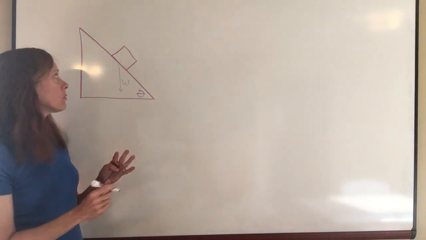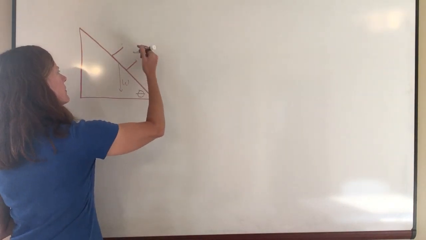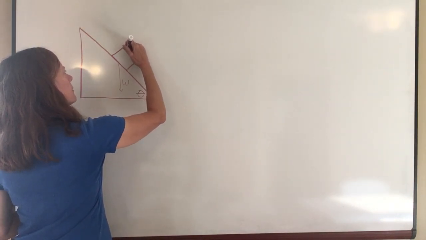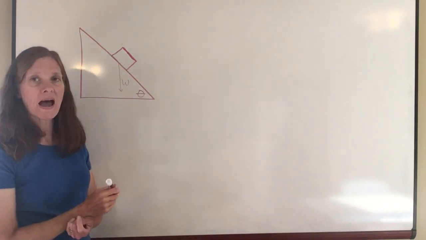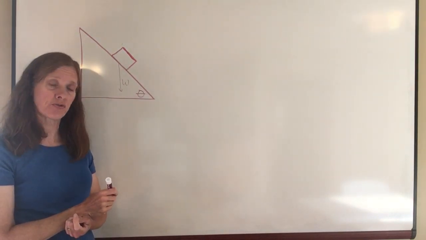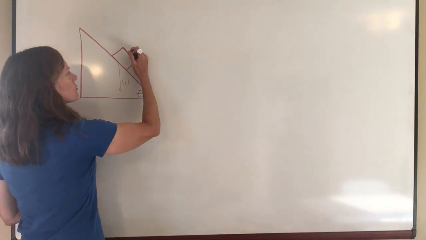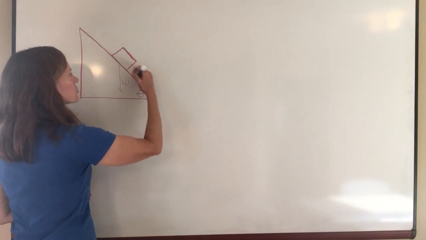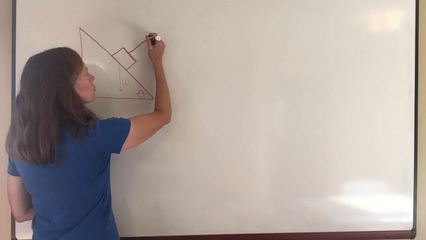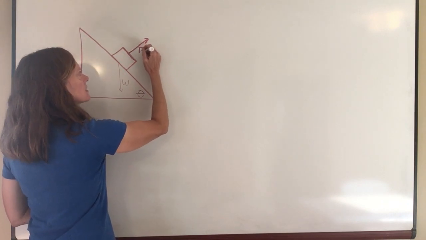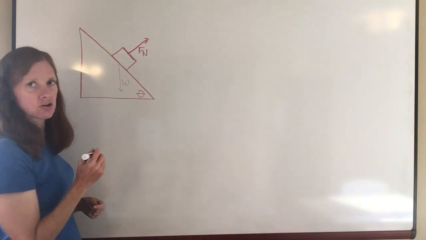Additionally, the normal force, and I just realized I have a very crooked box there, the normal force always acts perpendicular to the surface of whatever this object is sitting on. So the normal force, if the surface is going this way, is going to act in this direction.